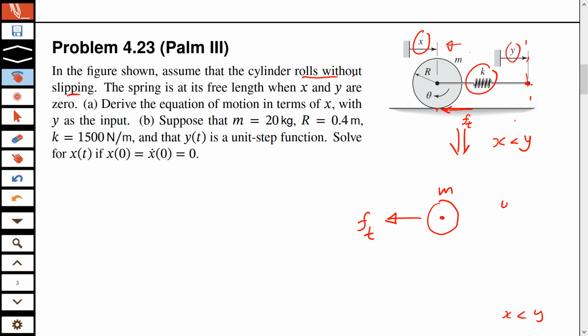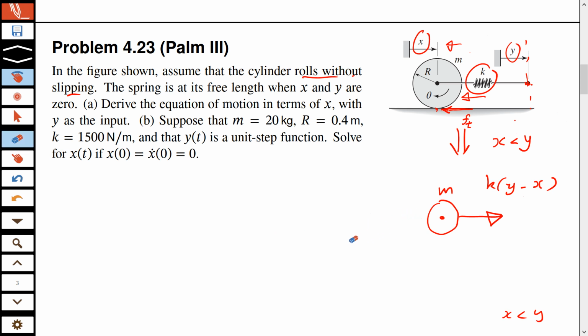So in that case, your force will be k times y minus x, but it will be in this direction because you will be stretching the spring towards the left, and this will be the restoring force. So now the free body diagram is clear.